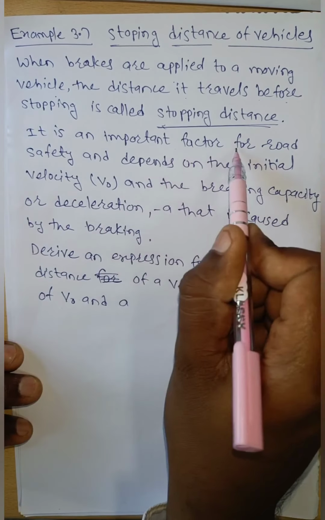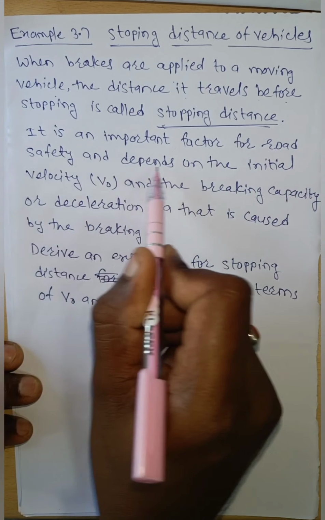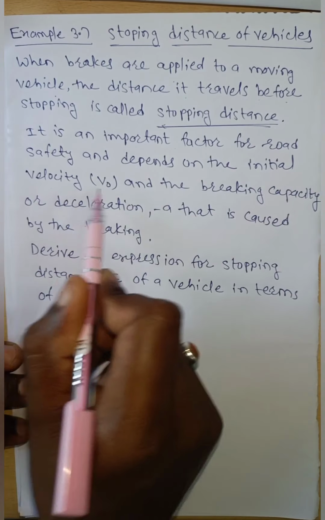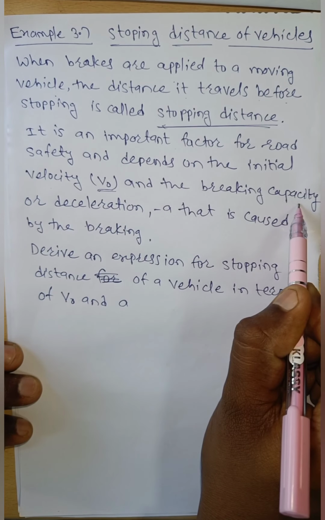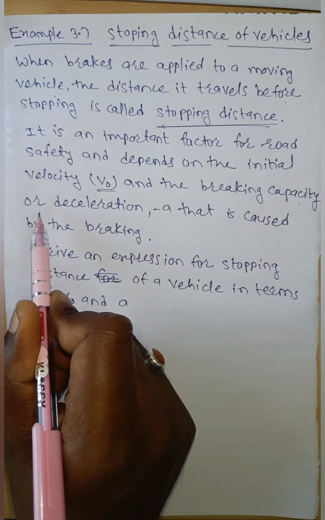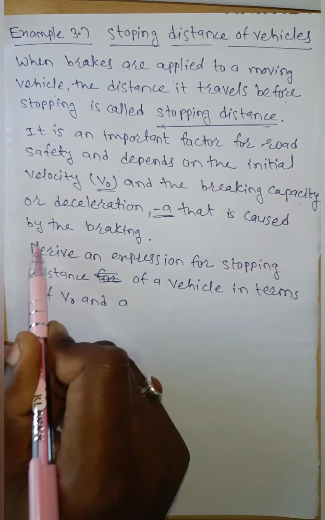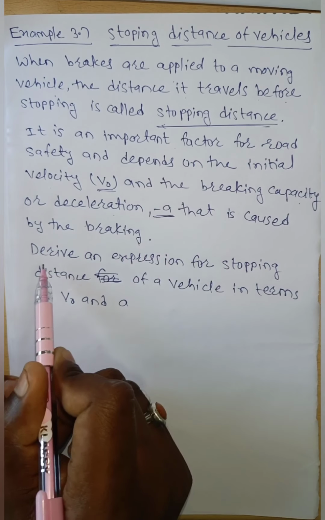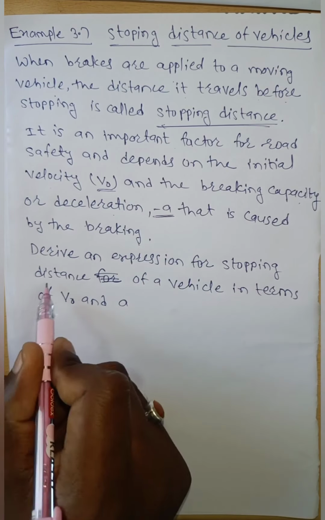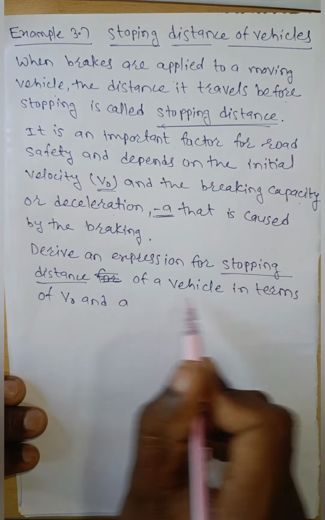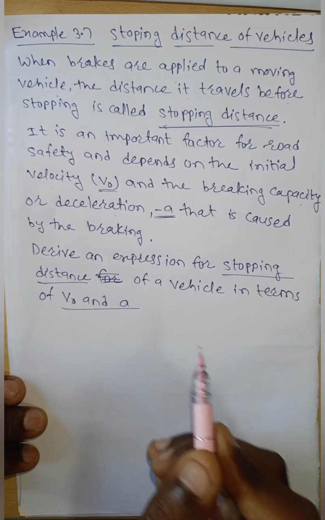It is an important factor for road safety and depends on the initial velocity v0 and the braking capacity or deceleration minus a caused by the braking. Derive an expression for the stopping distance of a vehicle in terms of v0 and a.